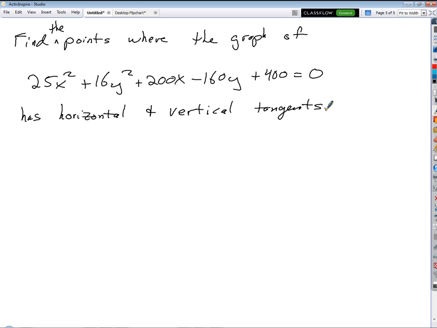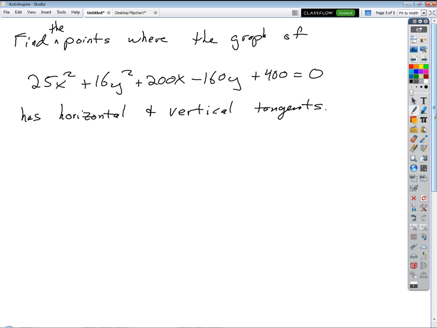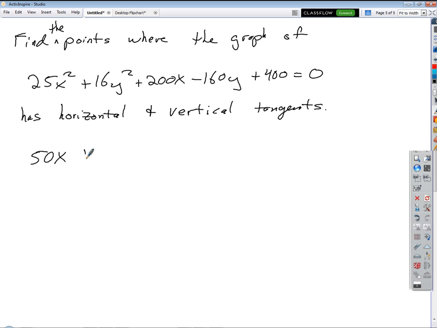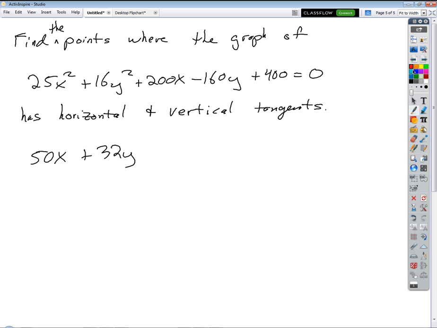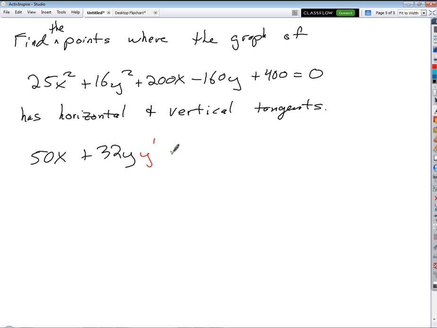So if we differentiate this term by term, what do I get for the first term? 50x, good. So we get 50x plus 32y prime. Keep going.